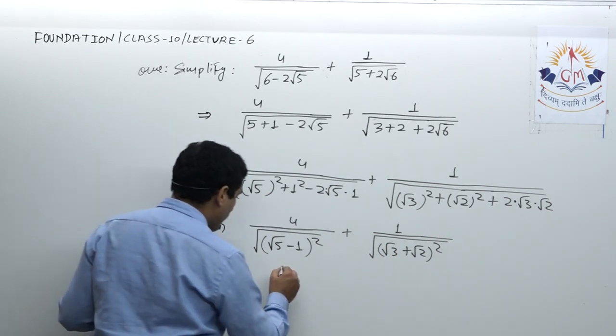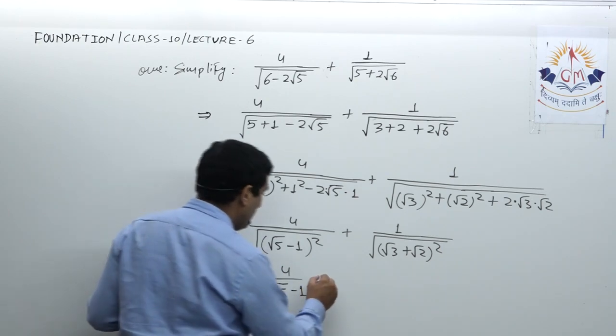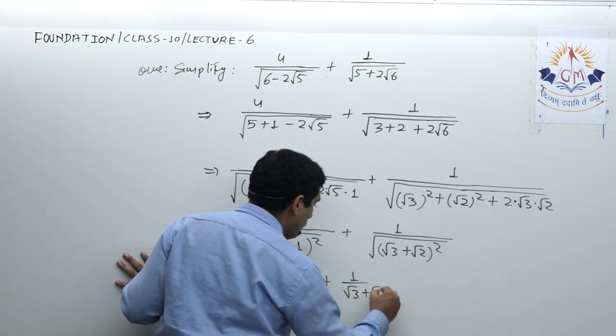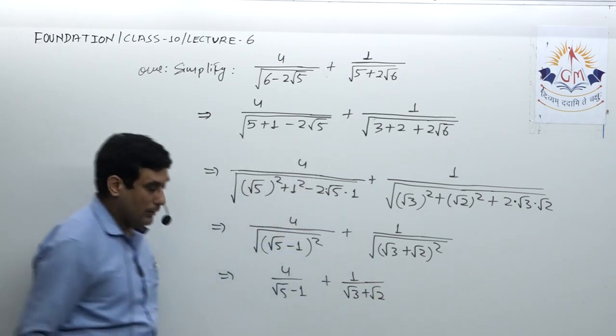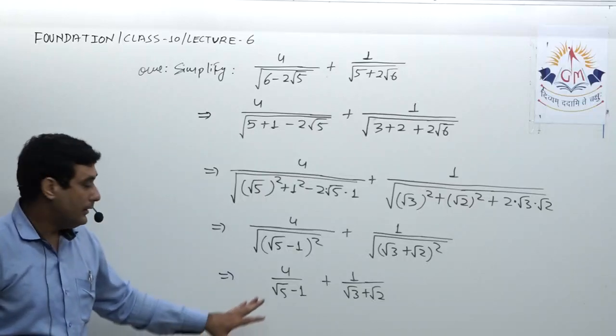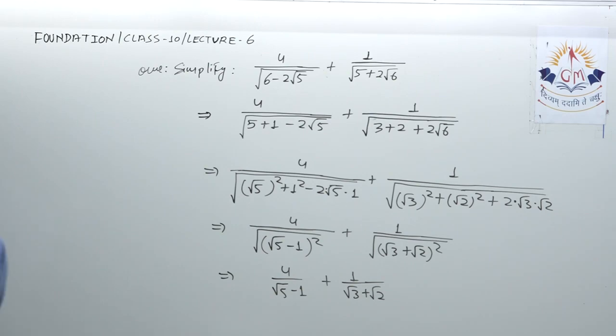So here I will get 4 upon root 5 minus 1 plus 1 upon root 3 plus root 2. Now we have to simplify it further by rationalizing. So please note it down up to this point, then we'll see how to rationalize this.